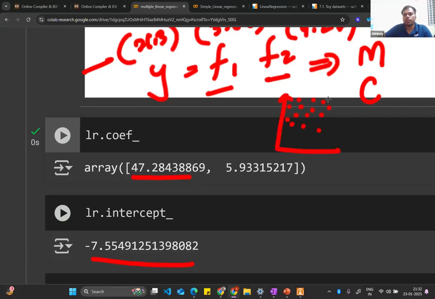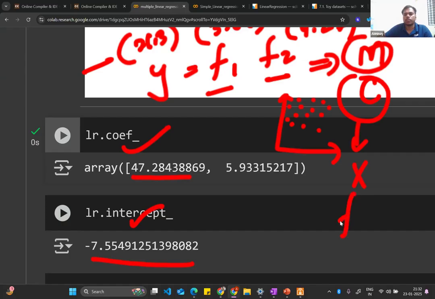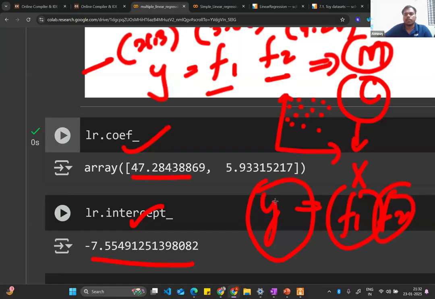We'll average all the coefficients and all the intercepts, and after that we will use these in predicting the result whenever we get new data: the new values of feature 1 and feature 2 to predict the y value. The same thing we were doing in simple linear regression.